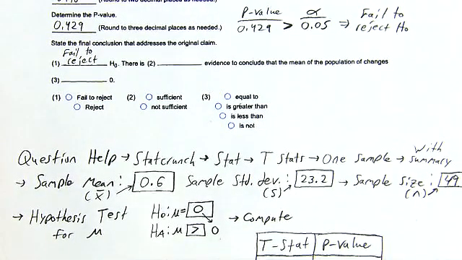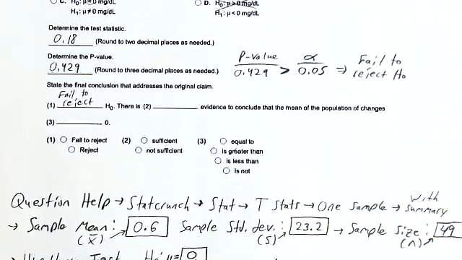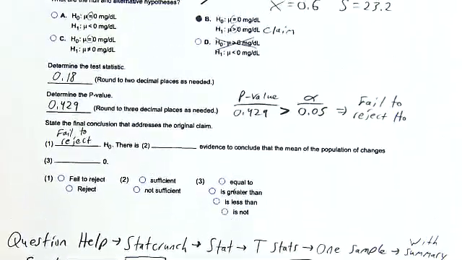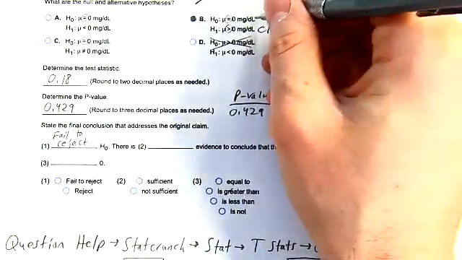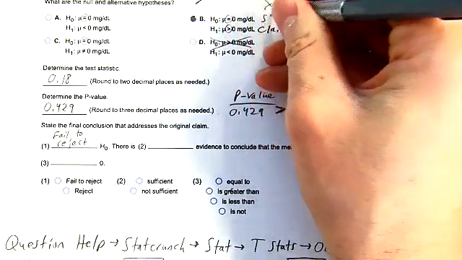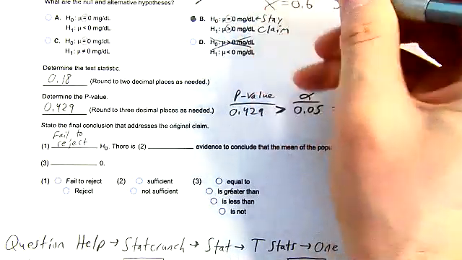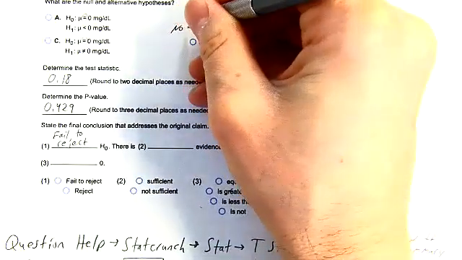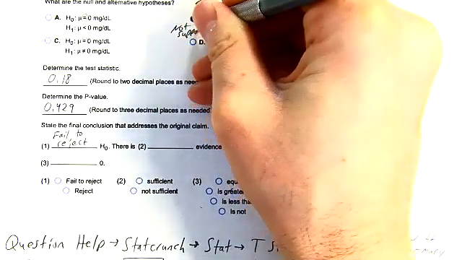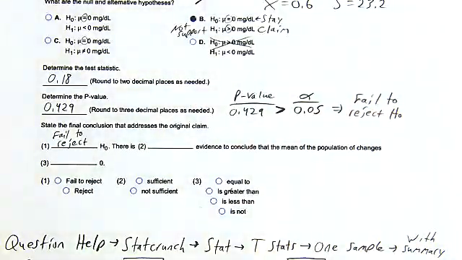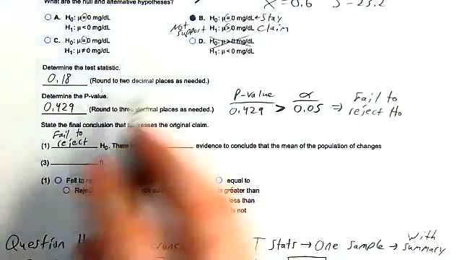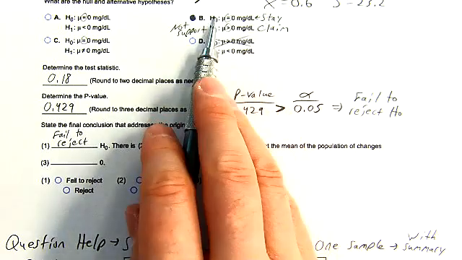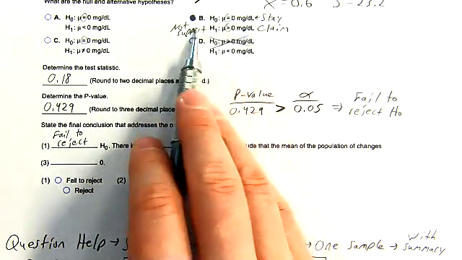Now their claim, if we're failing to reject this one, we are staying here. So you always stay with H0 if you don't reject it, which means we are not supporting their claim. So if we fail to reject H0, we're staying there, which means we're not jumping down here with their claim.